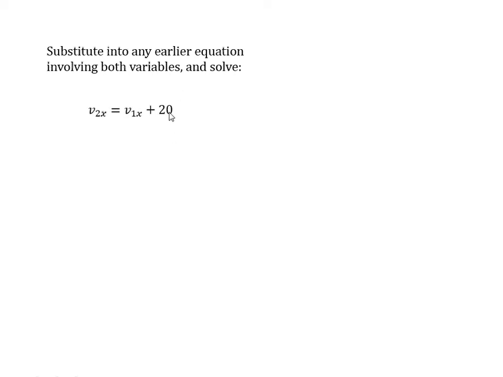The easiest one would be v2 equals v1 plus 20. I now know v1 is negative 13, so substitute in, and v2 is going to be 7 meters per second. So object 1 bounced off and moved to the left at 13 meters per second, or the velocity is negative 13. Object 2 bounced off and moved away to the right with a final velocity of positive 7 meters per second.